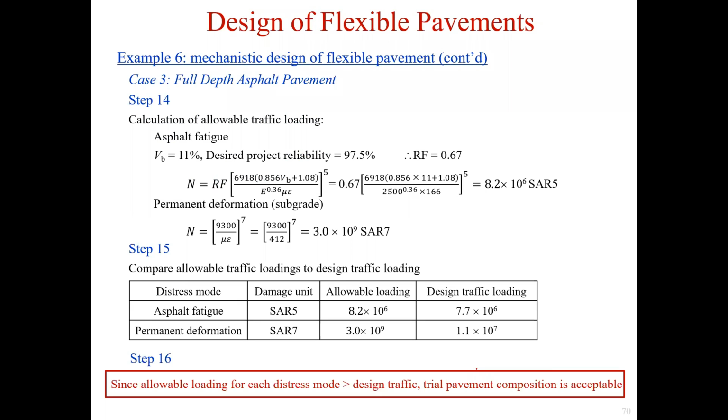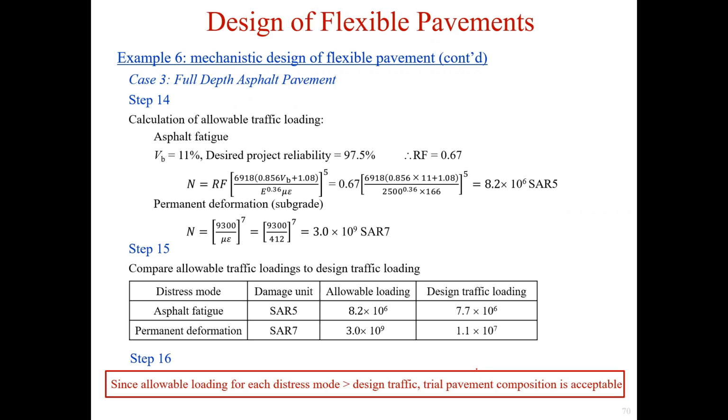Step 14 is to calculate allowable traffic loading, both for asphalt fatigue and subgrade permanent deformation. Next step is to compare the allowable traffic loading to the design traffic loading in terms of SAR5 and SAR7. Step 16 is the conclusion.